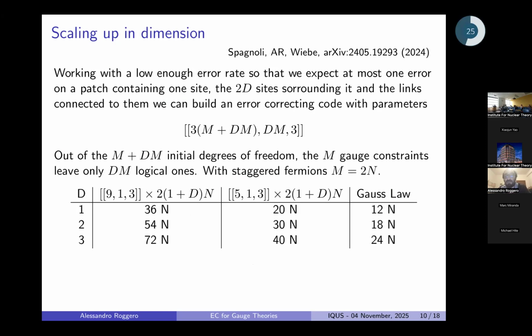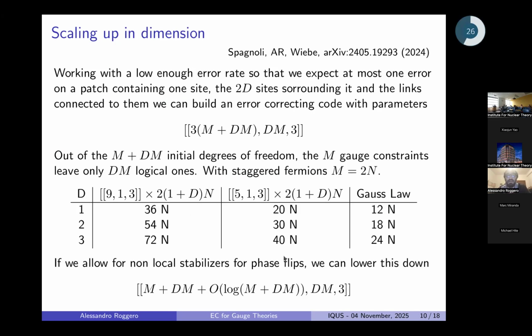If we allow ourselves to include non-local stabilizers, you can actually do the full construction with only a log n increase in space. That's sort of generic for stabilizer codes. This is not special for the Gauss law code. The price to pay is that this might become impractical in practice.